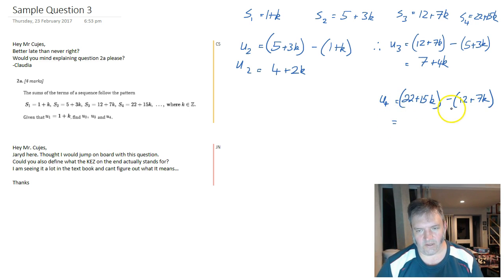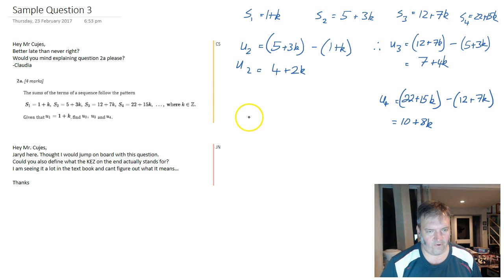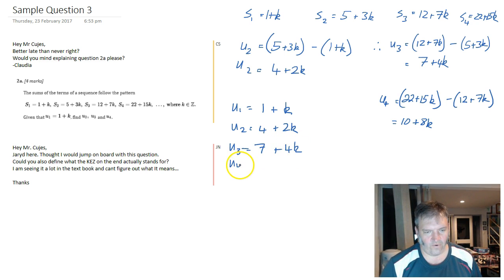So 22 minus 12 is 10, 15k minus 7k is 8k. If I write the terms out in order, I've got u1 equals 1 plus k, u2 equals 4 plus 2k, u3 is going to be 7 plus 4k, and u4 equals 10 plus 8k.